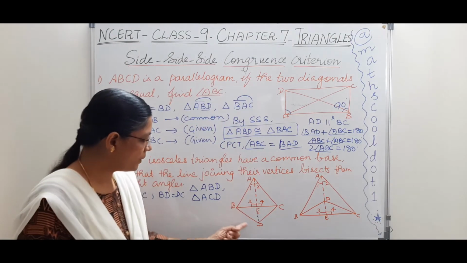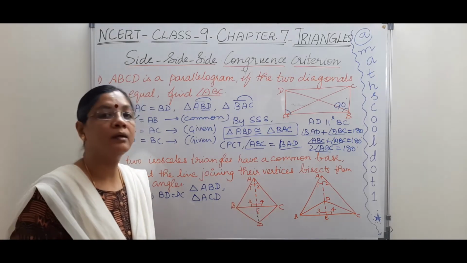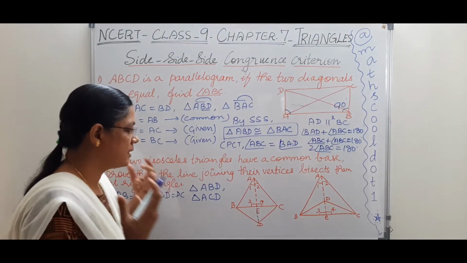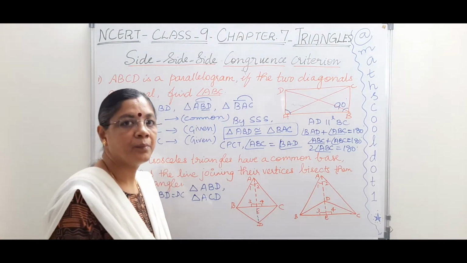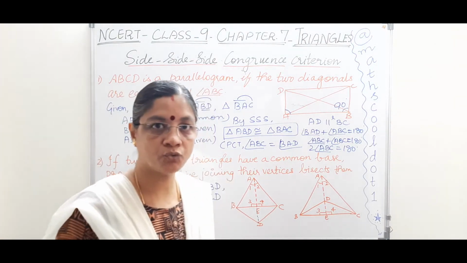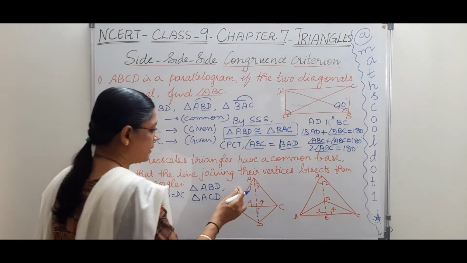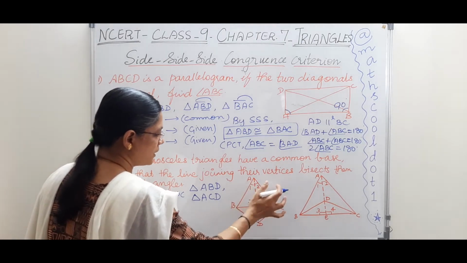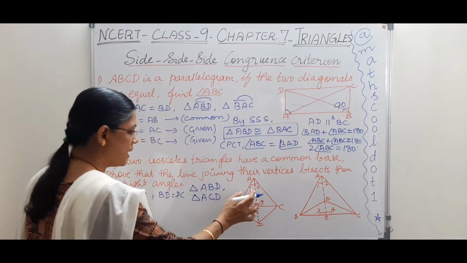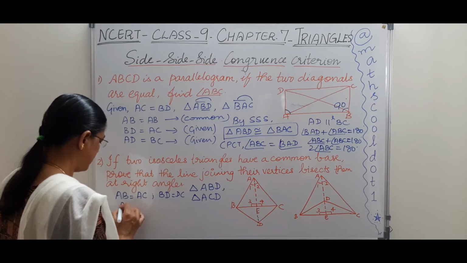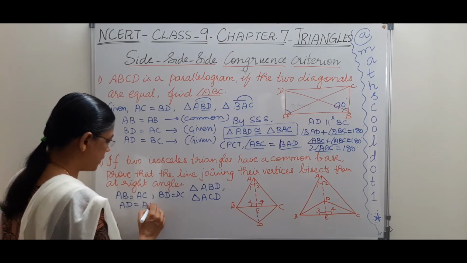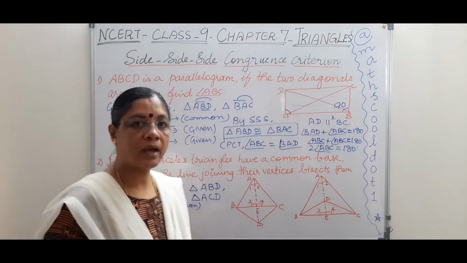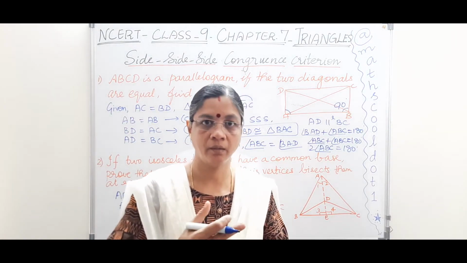So now I have taken ABD and ACD as two triangles. In these two triangles, it's very easy for us to prove the congruency. How? Because we have already stated AB is equal to AC, right? In these two triangles, AB is equal to AC, BD is equal to DC, and the common side is AD. AD is equal to AD. So now we have all three sides equal in both the triangles.